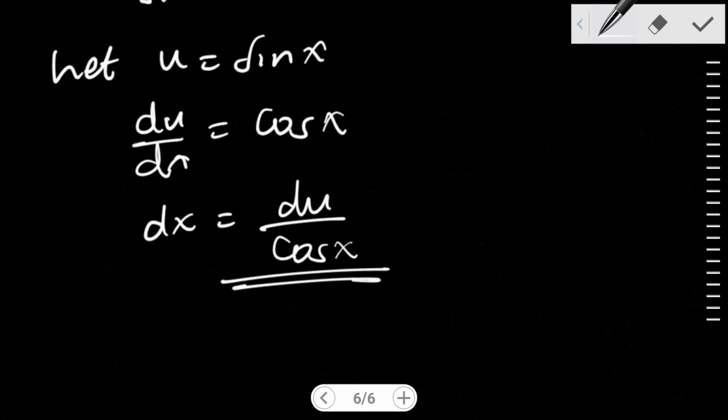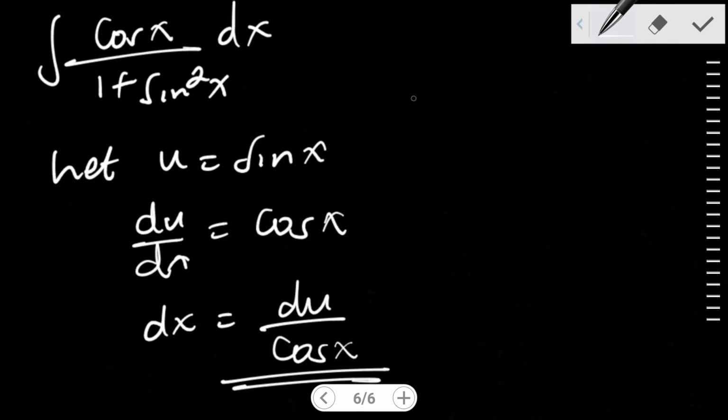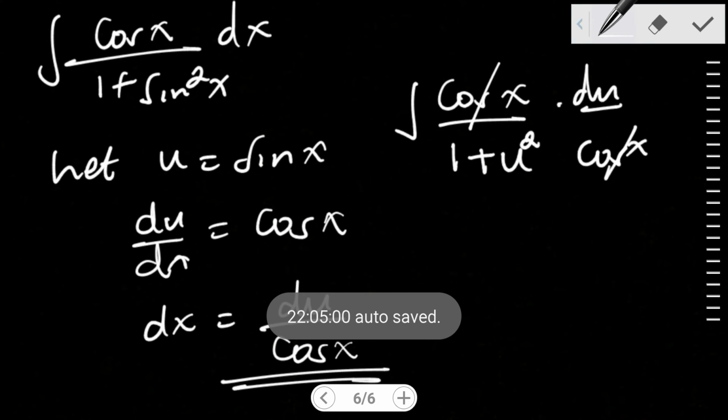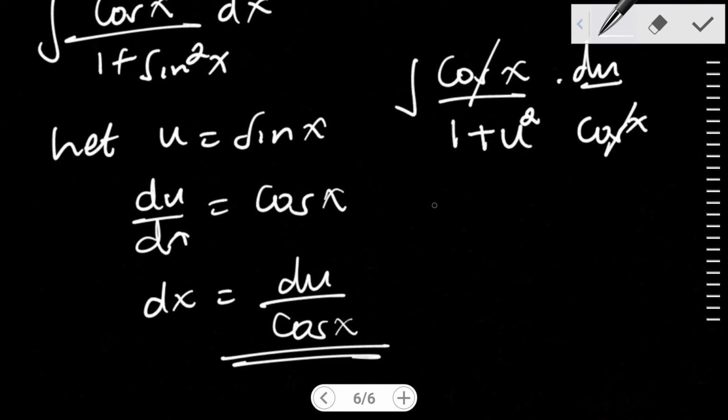Now having got this, I come back here and say the integral of cos of x all over 1 plus sine squared of x, so this would be u squared. Here we multiply this by du all over cos of x, and this is going to cancel with that, so we are going to have the integral of u all over 1 plus u squared.